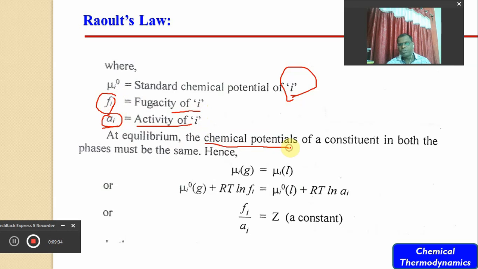The chemical potential of that component in both phases must be the same, meaning the chemical potential of the ith component in the gas phase is equal to the chemical potential of the ith component in the liquid phase.